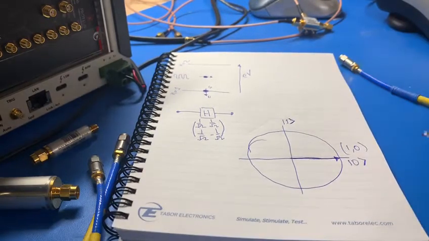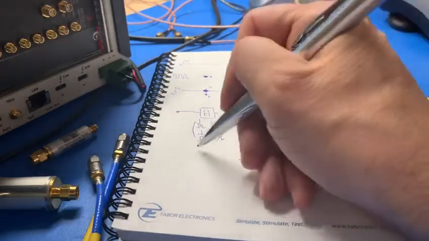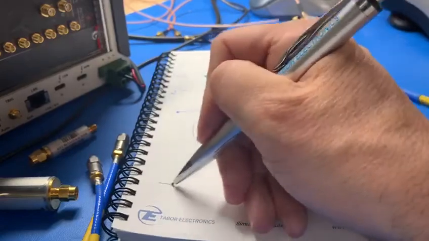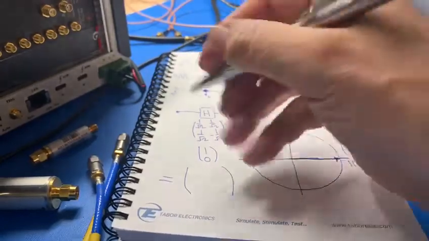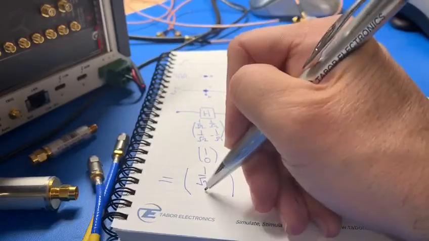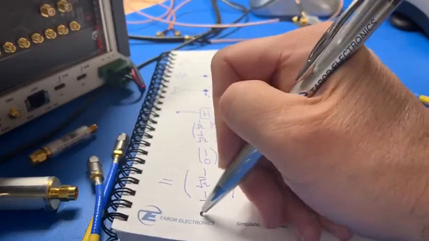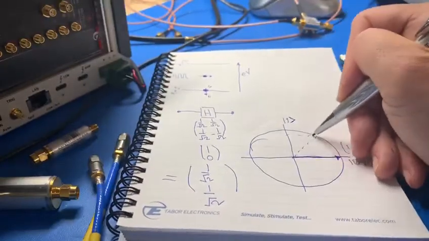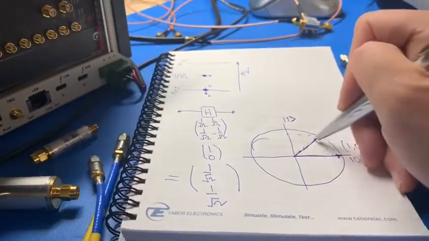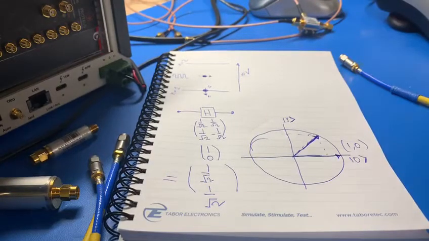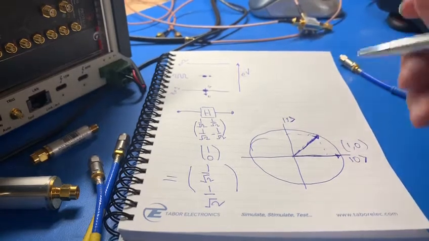So we could do our matrix math here, multiply this by 1, 0, and we end up with the matrix 1 over root 2 and 1 over root 2, which corresponds to the Cartesian coordinates here, and we have our vector in superposition.